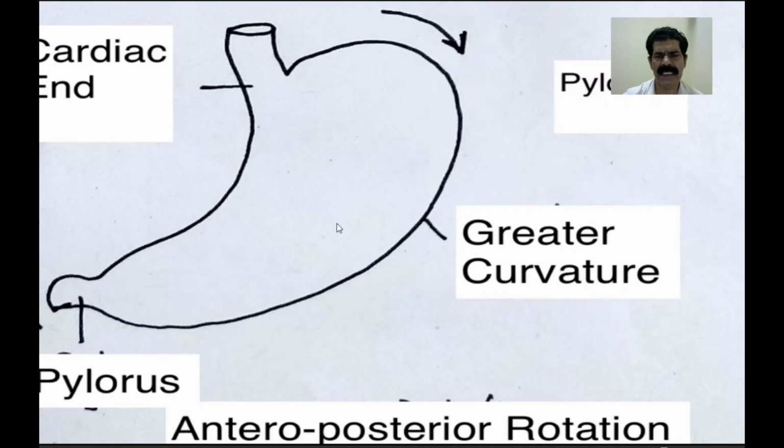The left side rotates and becomes the cardiac end, while the right end of the stomach rotates towards the upper side and goes on the right side and becomes the pyloric end.